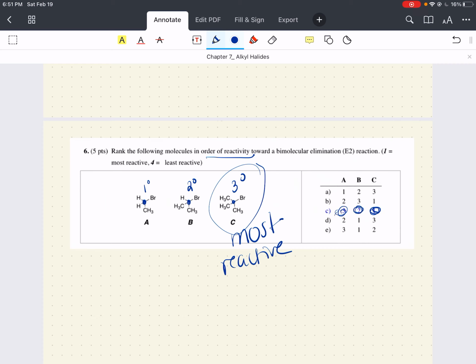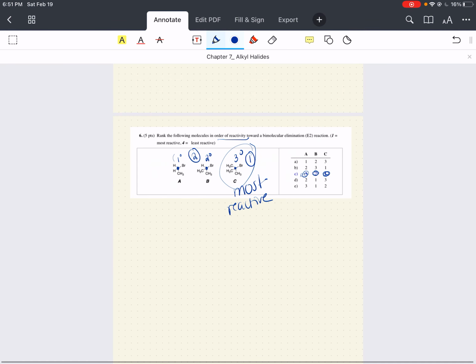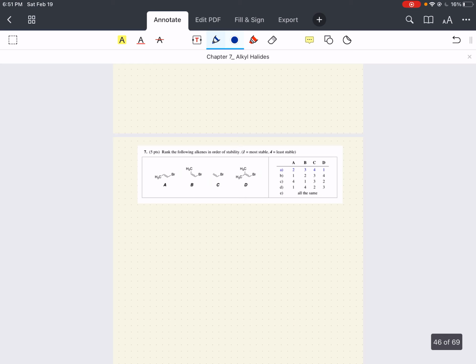So in order of most reactive, we give C order 1 because it's the most reactive. We give B 2 because it's secondary. And then A, the primary alpha carbon, is not very reactive towards an E2 reaction. All right, so keep that in mind.